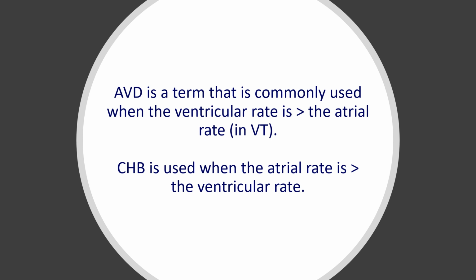While complete heart block is used when the atrial rate is more than the ventricular rate. So the first difference is that with AV dissociation, the atrial rate is usually less than the ventricular rate, while with complete heart block, the atrial rate is more than the ventricular rate.